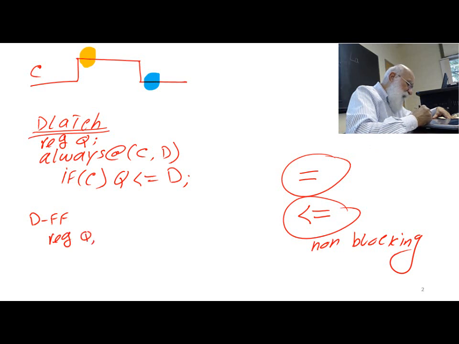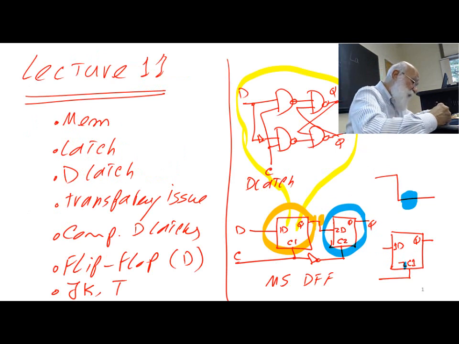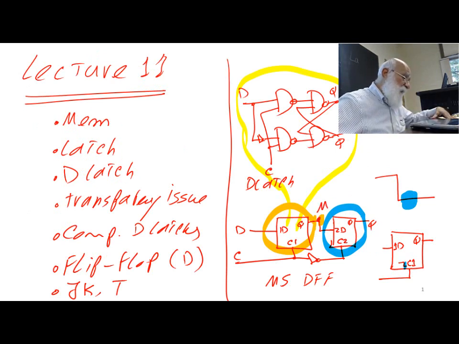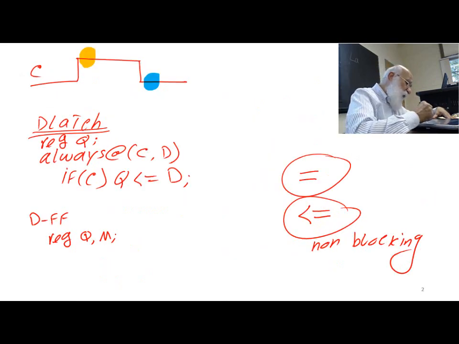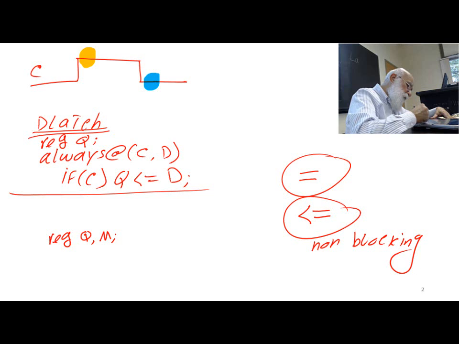In addition, it has an M output, that is the intermediate output, and I'm going to write exactly this, where this middle point is M, and then I also have a clock and a clock bar, CB I'm calling it, and therefore this is D flip-flop, or let's call it master slave D flip-flop, and then I have a wire, CB.